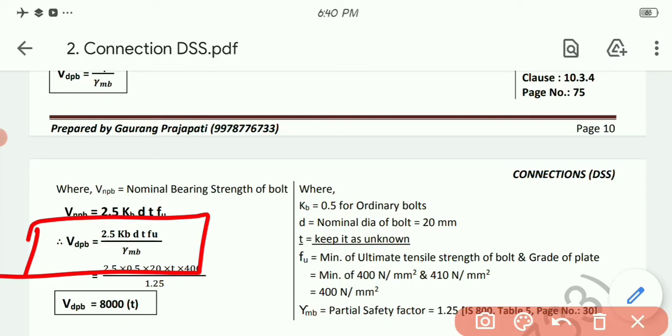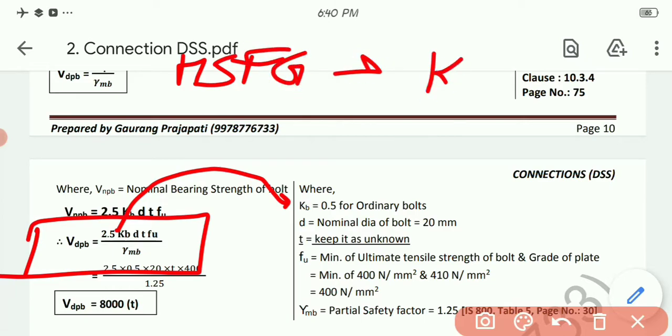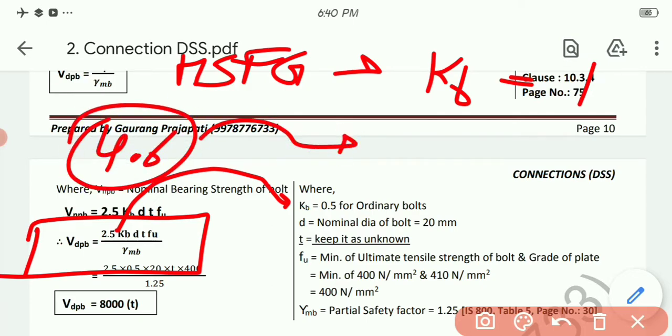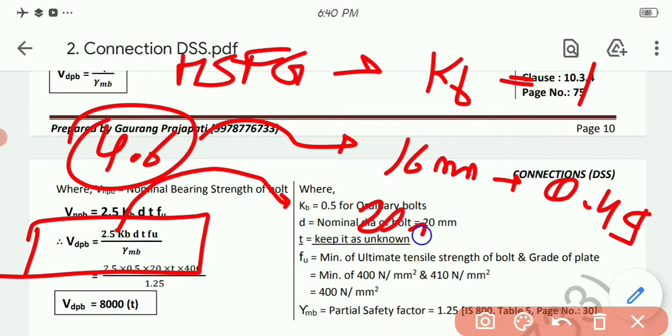Talking about the unknown parameters, first of all let's start with kb. For an HSFG bolt we usually take the value of kb as 1. But for a black bolt, meaning a 4.6 grade bolt, the value of kb usually varies. If you are using 16 mm diameter, the value of kb is 0.49, and if you are using 20 mm diameter, the value of kb is 0.51.